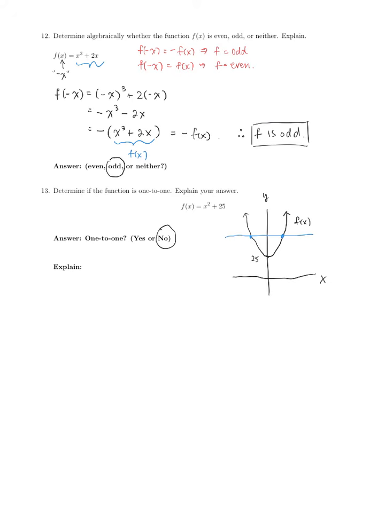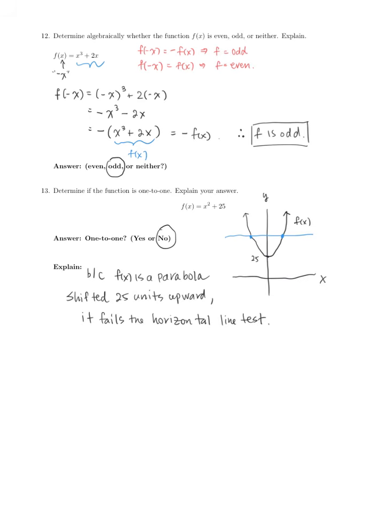Or I'll just explain more: because f of x is a parabola shifted 25 units upward, it fails the horizontal line test. Yeah, I say that's good enough.